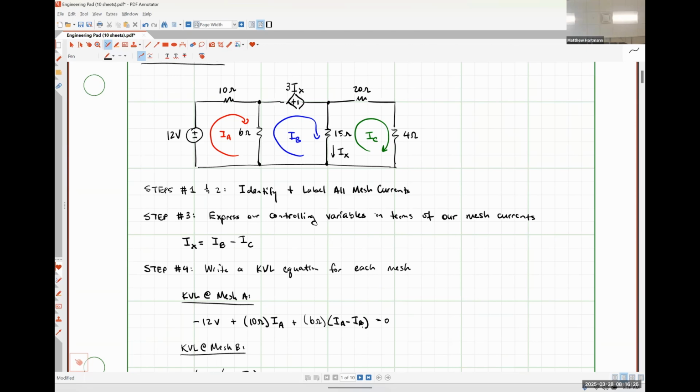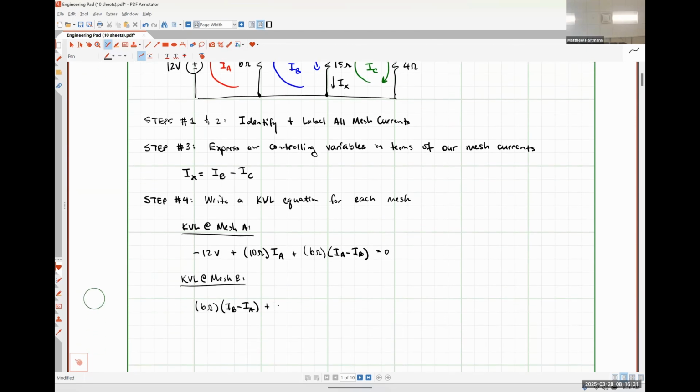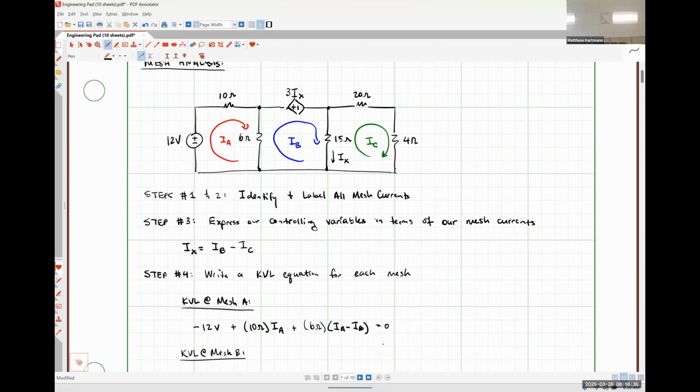The 3ix voltage source, we see the positive terminal first, so plus 3ix. What do we see next? 15 ohm resistor, and what's the total current flowing through the 15 ohm resistor? IB minus IC. There we go.